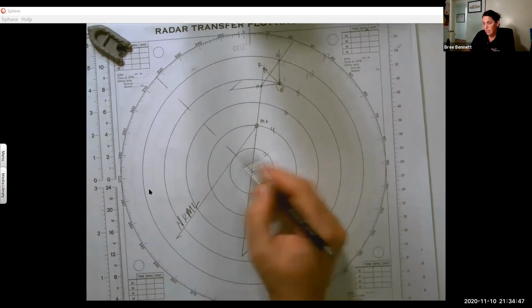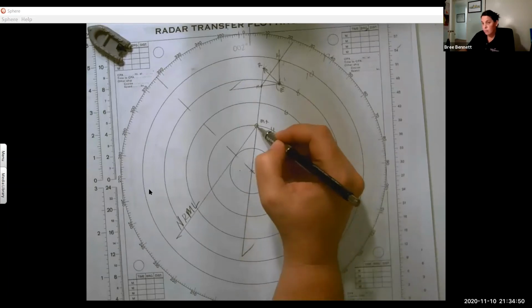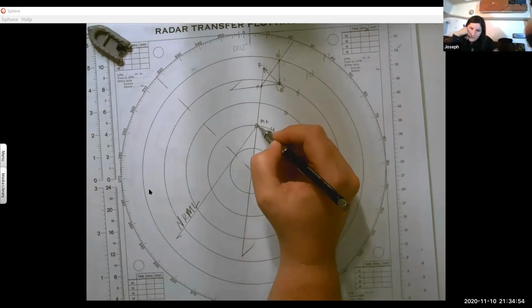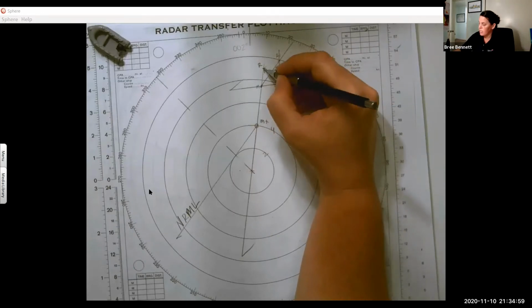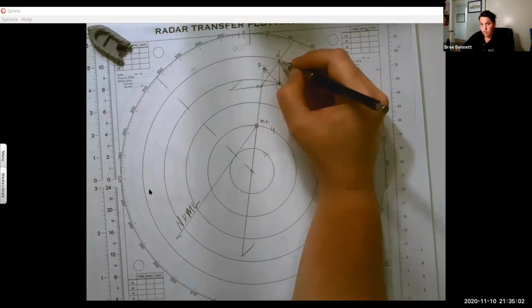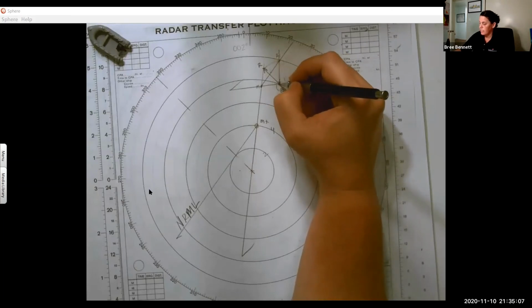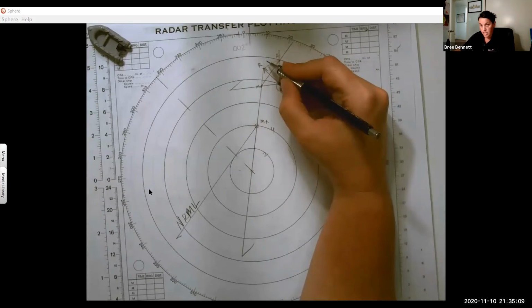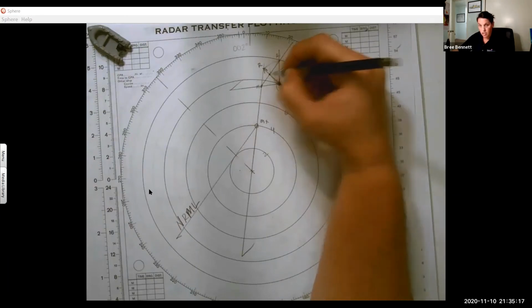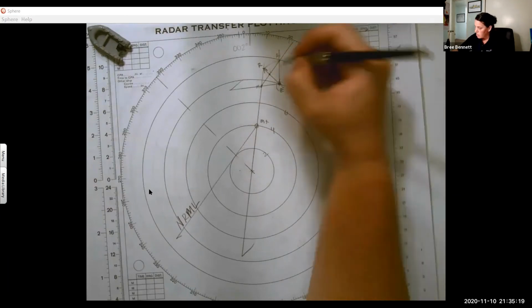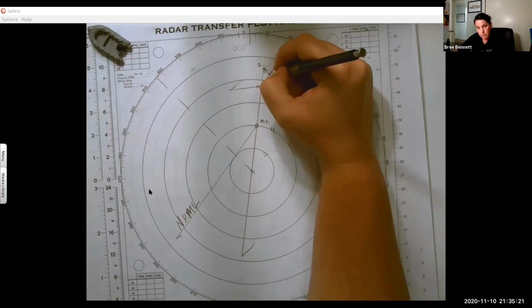If we want the CPA of 2 miles and we're going to slow down or change course, when that target is 4 miles away from us, we would change course to due north, essentially, or we would change speed. So our E to R direction would stay the same, but our E to R length would be smaller, which would be a slowdown. So that would be R prime.